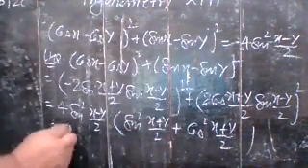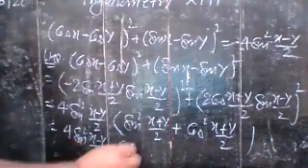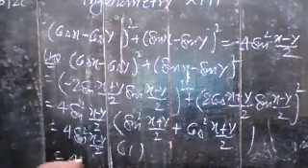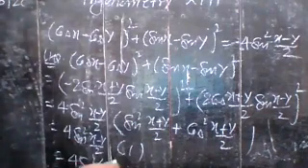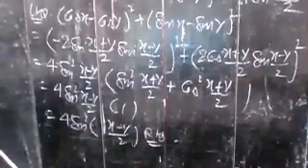So you write 4 sine square (x minus y) by 2 into 1, and your result is 4 sine square (x minus y) by 2, which is your right side. So in this way, you can prove this result.